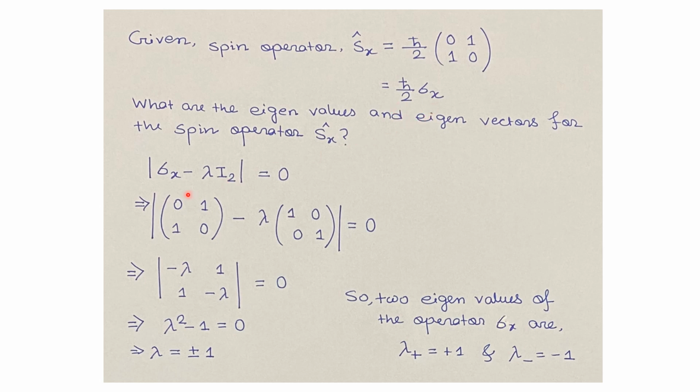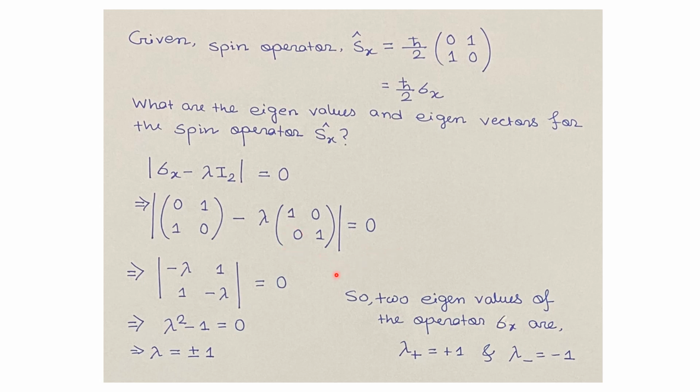For that, we have to calculate this determinant, that is sigma x minus lambda times I2, where lambda is the eigenvalue of the Pauli matrix sigma x and I2 is the 2 cross 2 unit matrix, and this determinant should be equal to 0. If we write this in matrix form, it becomes the determinant of the matrix [0, 1; 1, 0], that is the sigma x matrix, minus lambda times the I2 matrix [1, 0; 0, 1], equals 0.